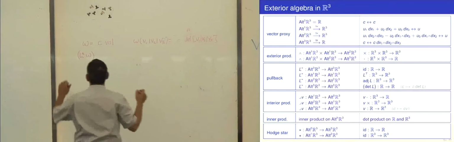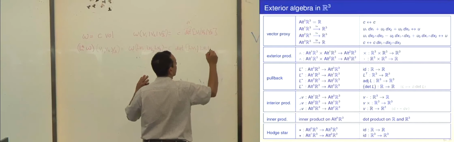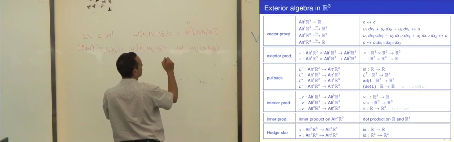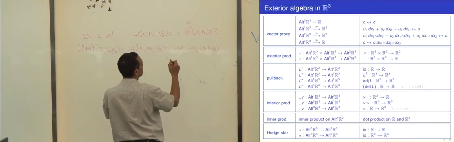It's omega of LV1, LV2, LV3, which is, according to this formula, C times the determinant of LV1, LV2, LV3. And you may remember the formula that says that's equal to C times the determinant of L times the determinant of V1, V2, V3. If you don't remember it, think of it geometrically.